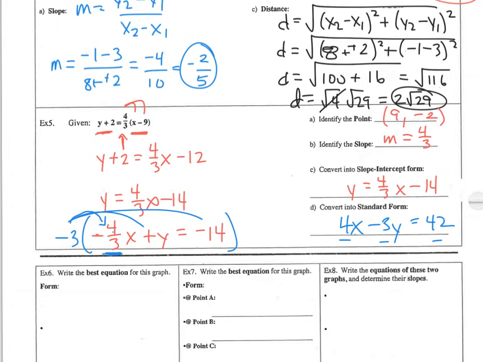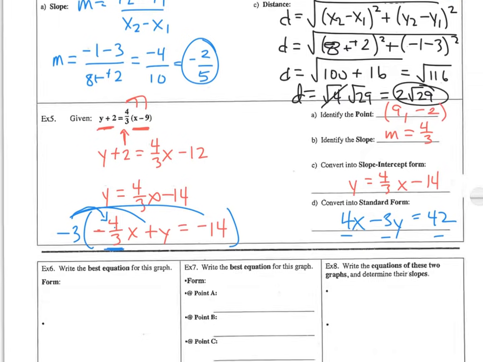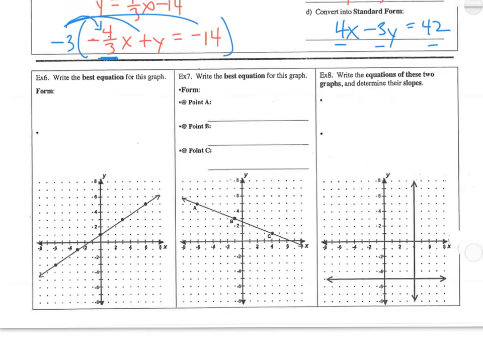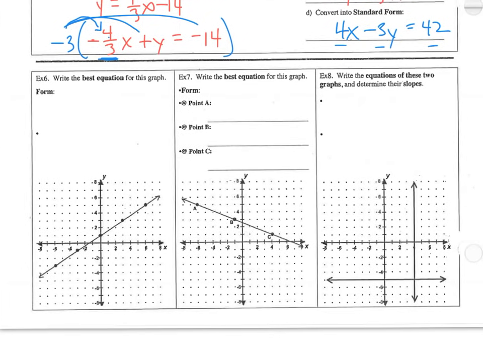All right, so after a quick little review of that, one of the things you want to think about is what is the best method in which to write an equation? Well, that'll all depend upon what information is given. So, for example, in example 6, I am looking first to see if I have a y-intercept.